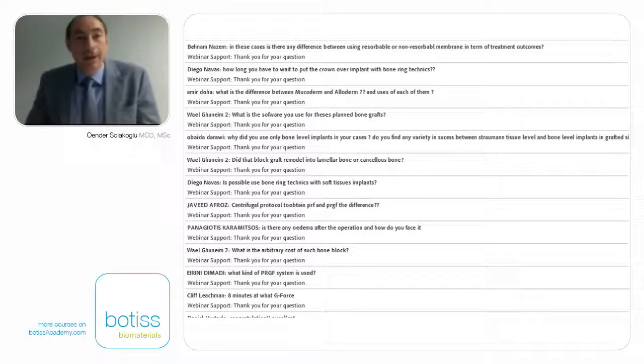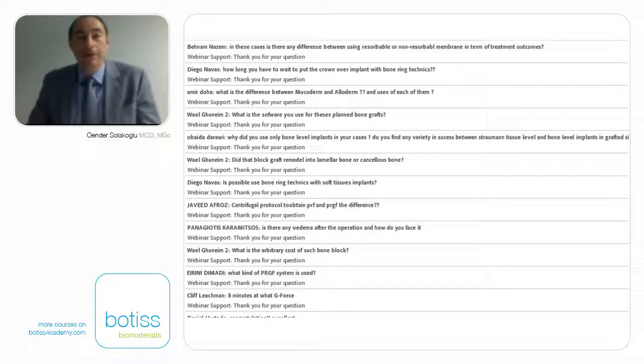However, I use bone level implants as well as tissue level implants, but most of the time I let the prosthodontic dentist make the decision, because I think in some instances it's easier to restore and gives also a very nice aesthetic result if you use bone level implants.